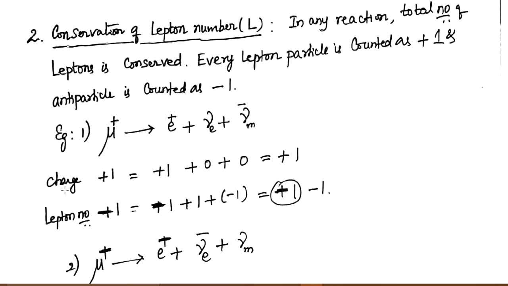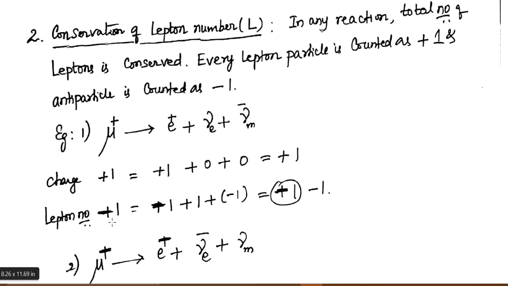So here, if you write the charge, it will be +1 for mu plus, on the right hand side, +1 for positron, and for neutrino there is no charge, 0. Even for antineutrino there is no charge, 0. It is equal to +1. So the charge number is conserved in the above reaction.